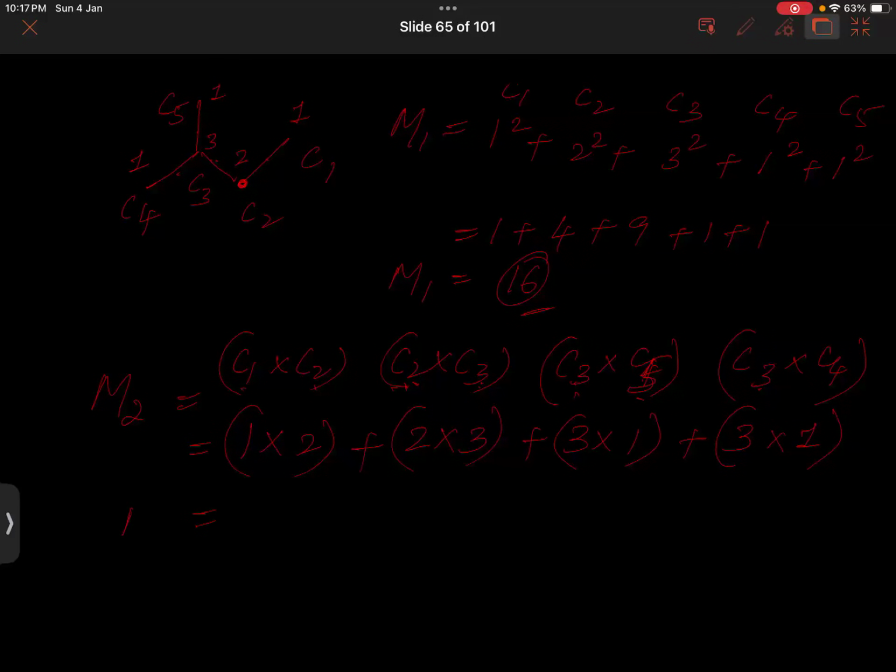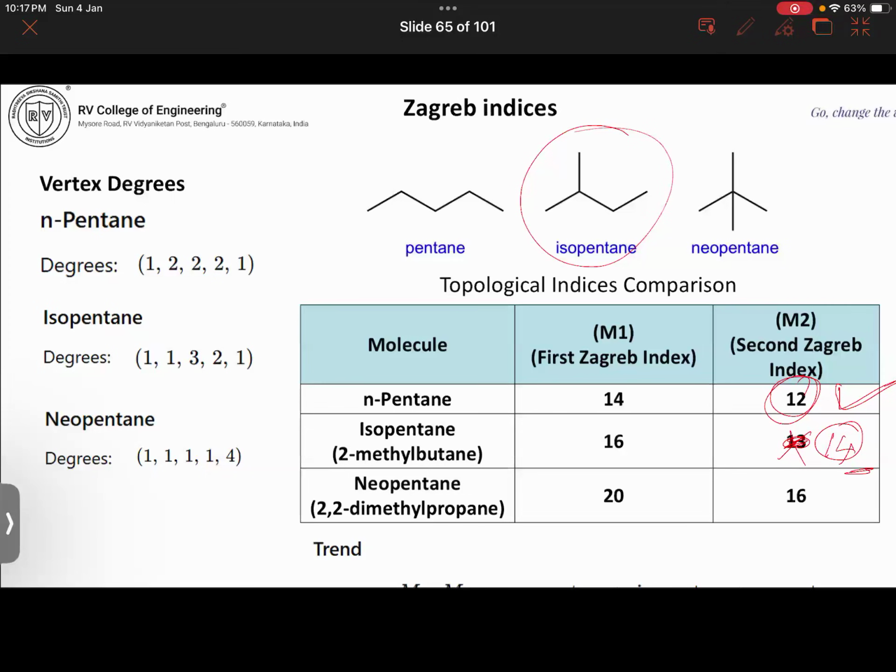So this is M2. So M2 is equal to 2 plus 6 plus 3 plus 3. So this will be 14, right? So 6 plus 6, 12 plus 2, so 14. This is not 13, this is 14.